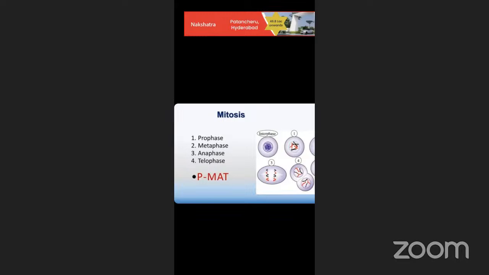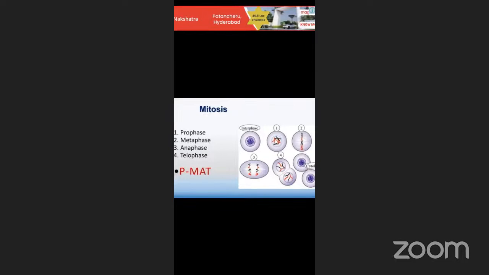This is followed by the division of the cell cytoplasm to form the two daughter cells, which is called cytokinesis.